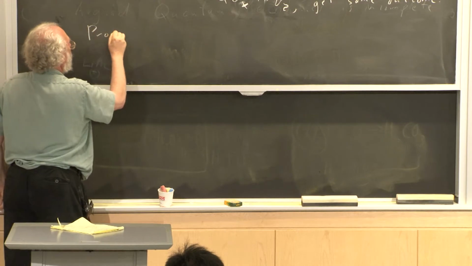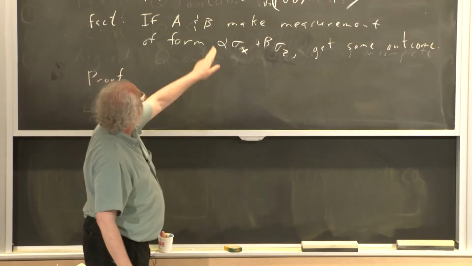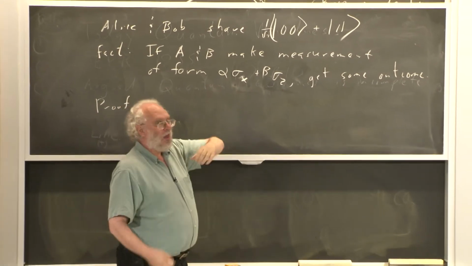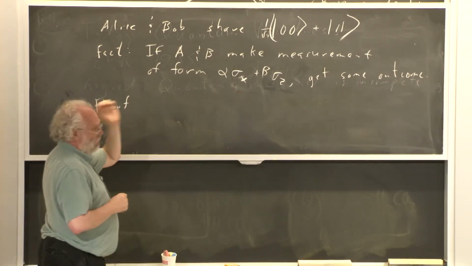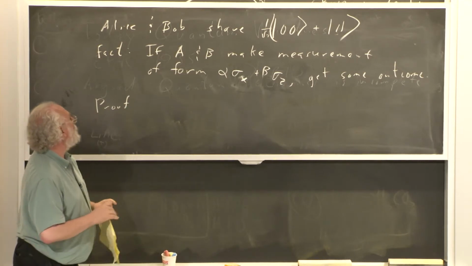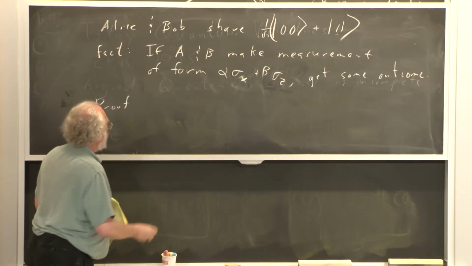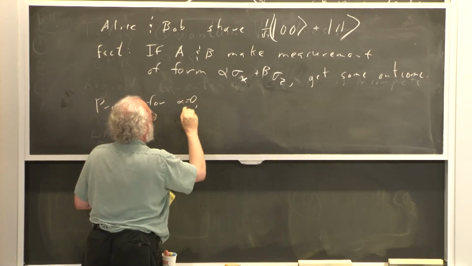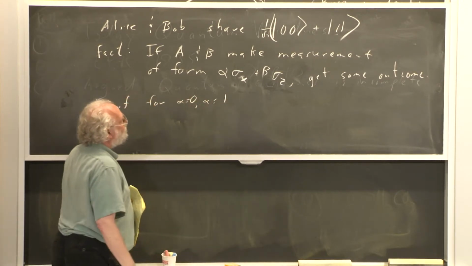And if they measure with the observable sigma y, they get opposite outcomes. I'm not going to, I mean, you can easily check that, proof for alpha equals 0 and alpha equals 1.